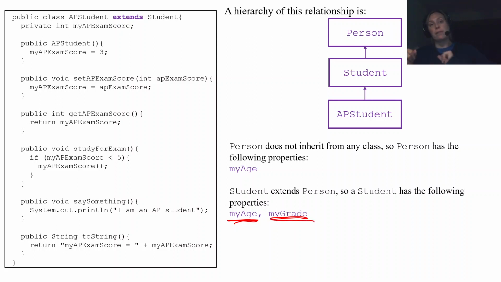They add myGrade. Okay? So a student actually has two properties. Even though in the class itself you only saw myGrade, the fact that it extends person means that it also gets the properties from person automatically because of the word extends.